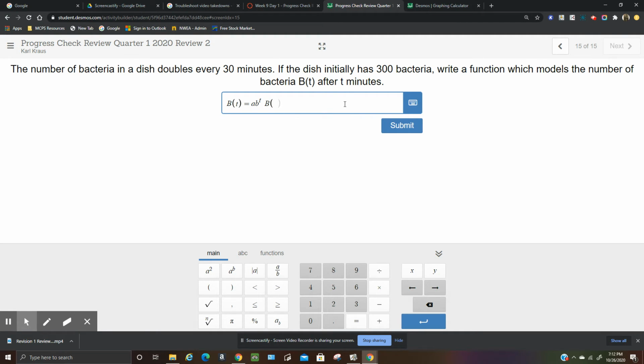So b of t equals 300. The multiplier is 2, it doubles. 2, and then exponent t over 30. All right.